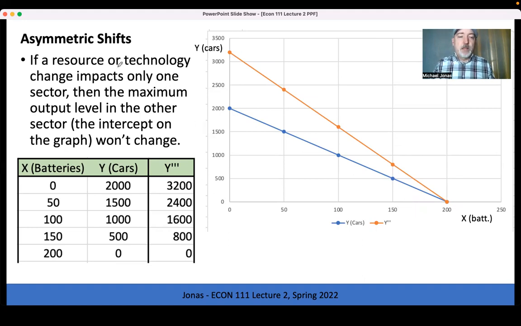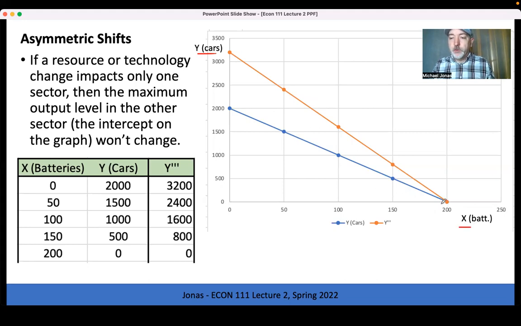So say we have a resource or a technology that impacts only one sector, then the intercept, the maximum level of output in the alternative sector won't change, and it's going to be that pivot effect. Right? So in this case, say something happens that allows Tesla to produce more cars, but it's not affecting their overall battery production.